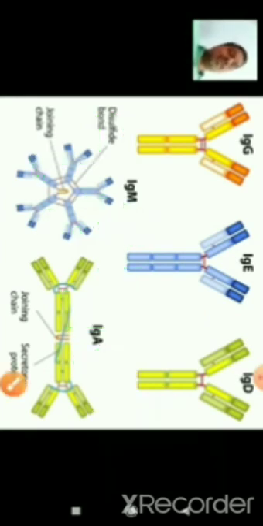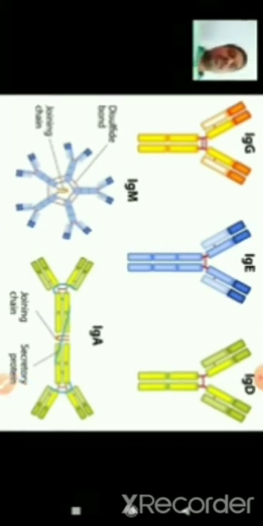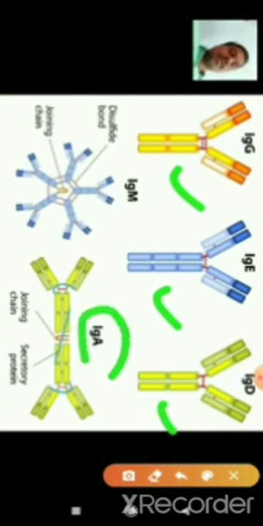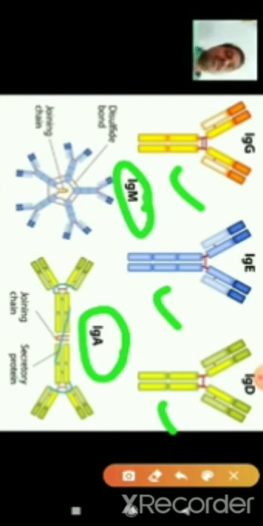Now look at the image. These are the structures of the antibodies. They are easily identified: this is IgG, immunoglobulin G, then antibody E, antibody D, and this is antibody A and antibody M. Immunoglobulin A has 2 antibodies joined with the J chain, which is called the joining chain.